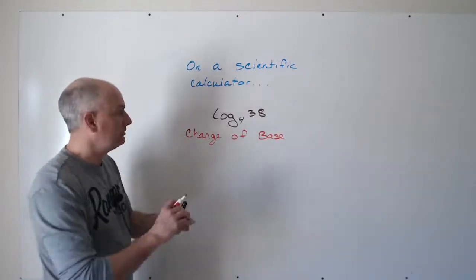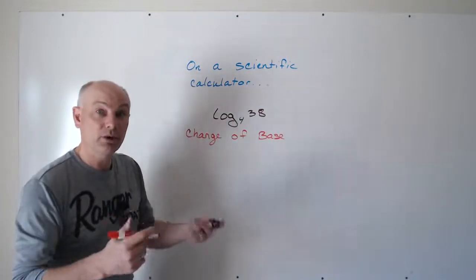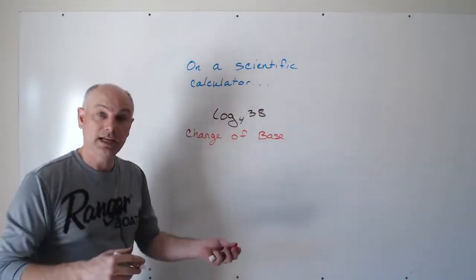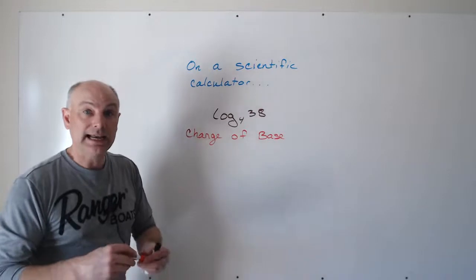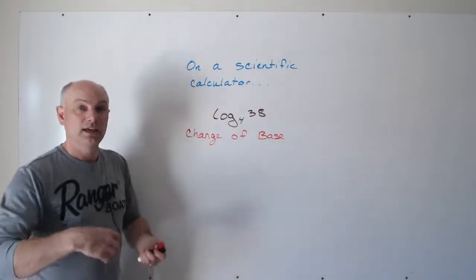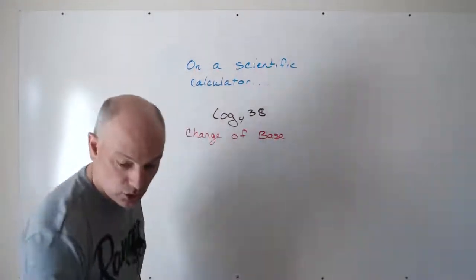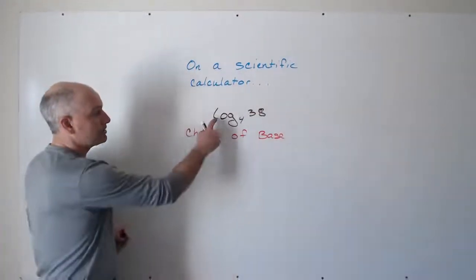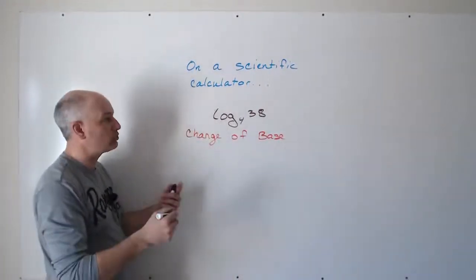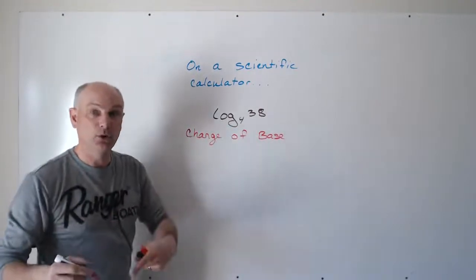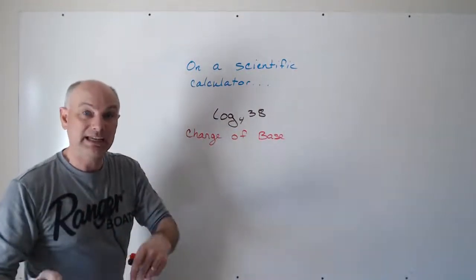I could actually change to something that works on the calculator, base 10 or base E. Now, because we haven't introduced the natural base E yet, I'm going to stick with base 10. So this change of base allows me to switch away from base 4 and switch to base 10.